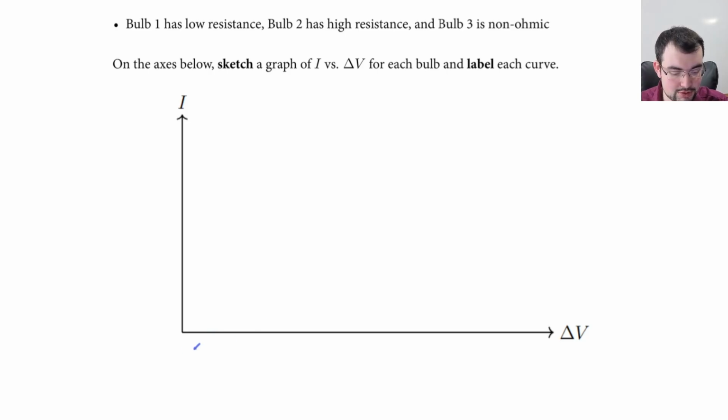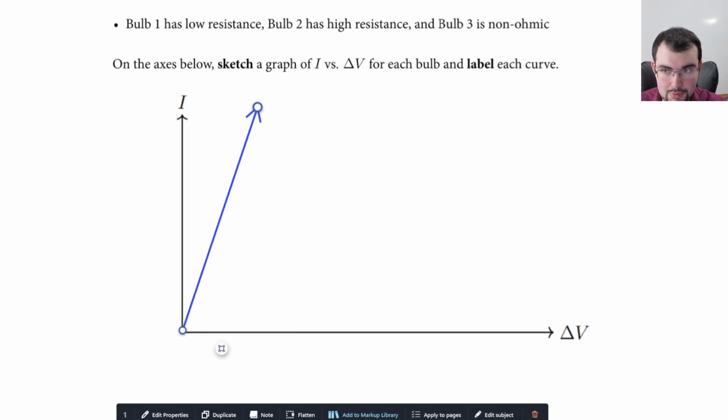It's going to be proportional to the push that these charge carriers are going to experience. So regardless of what shape we have, we know it's going to be at least a positive correlation. Let's think about what's going to happen if we have low resistance. If you have low resistance, this means that for a given potential difference, you're going to get a lot of current. So we're going to have a steep slope.